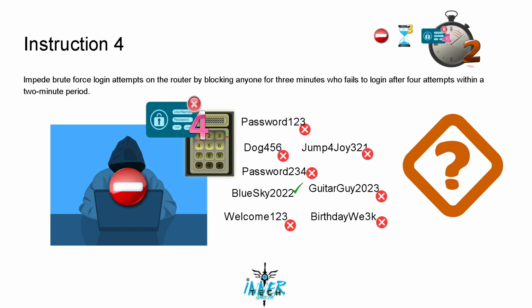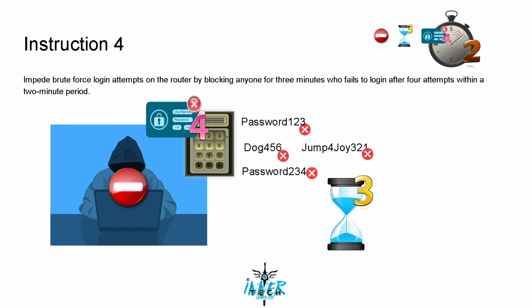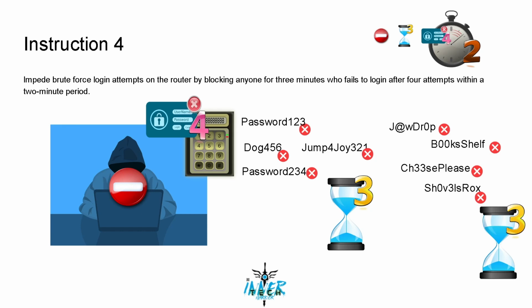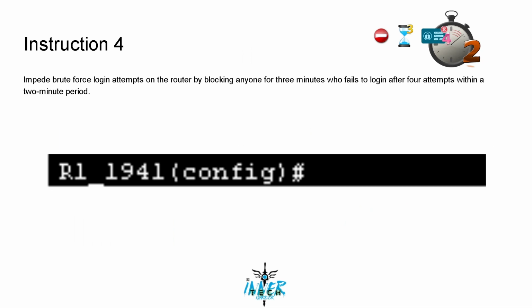How does this stop them? By forcing them to stop after every 4 passwords, they'd have to wait 3 minutes to try 4 more passwords. It'd take forever for them to be able to guess the right password. How long do we stop them from putting in passwords if they fail? 3 minutes. Okay, let's put in the command.